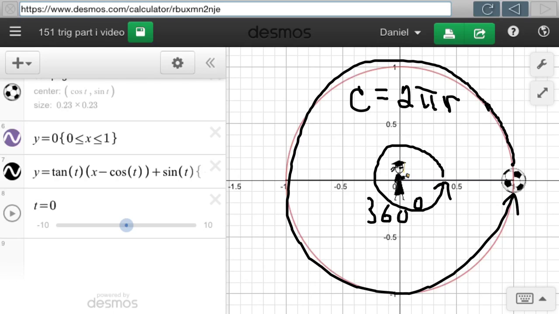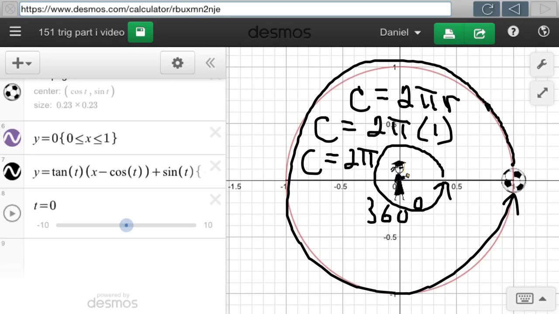And in this case, we said at the beginning, right, the radius of the circle is 1 unit. So the circumference is really 2 pi times 1, which is really 2 pi. Okay? So when the ball has traveled completely around the circle once, it's going a distance of 2 pi radians.